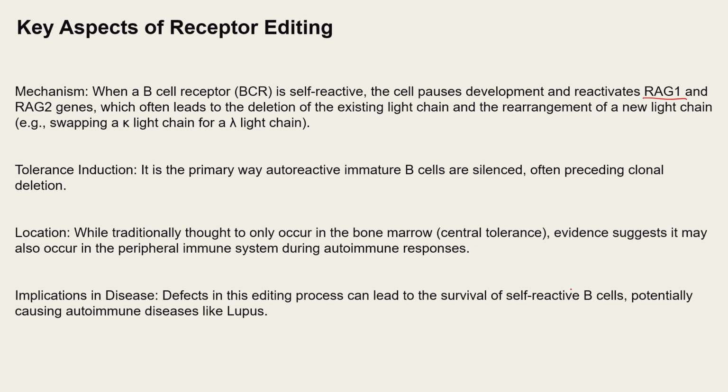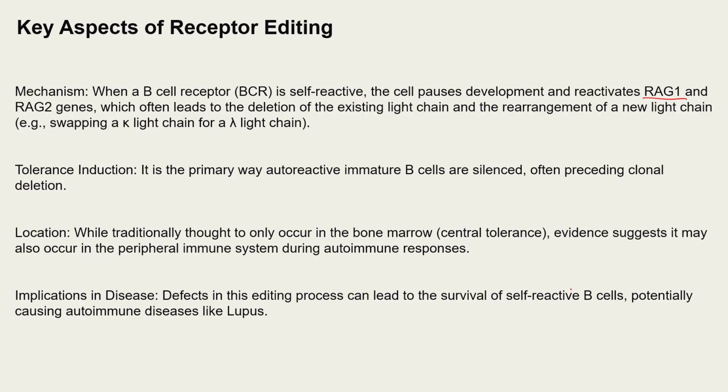If there are cells in the immune system which are reacting to self-antigen, there could be receptor editing in order to induce tolerance. So again, these genes, RAG1 and 2, which we are going to discuss, are inducing tolerance. In terms of location, we discussed earlier that most of these phenomena are located either in the bone marrow or in the thymus.